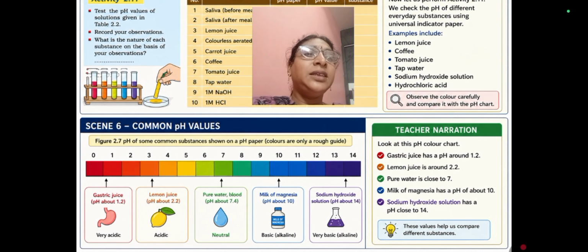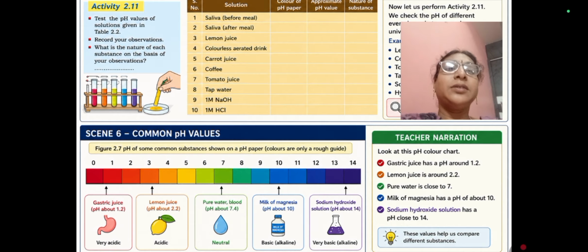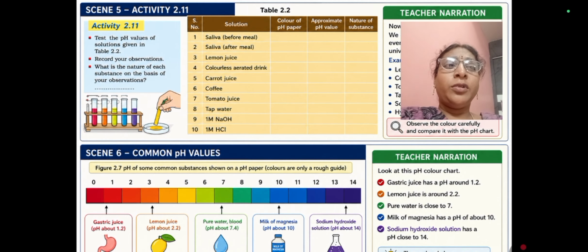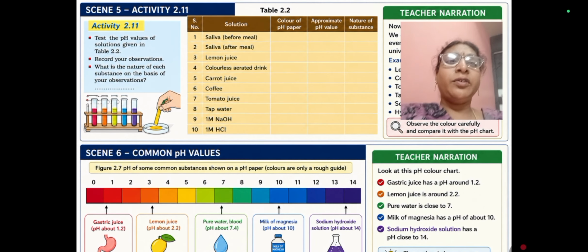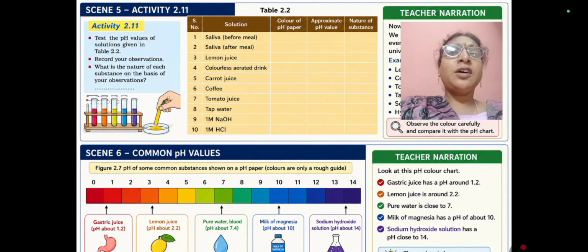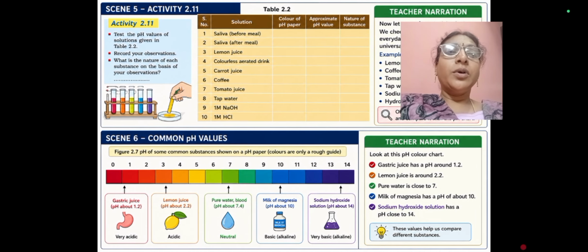These values help us compare different substances. All of you remember Table 2.2 and do this activity yourselves with the help of your class teacher, and note the values in the given table. This way we test the pH values of different solutions.